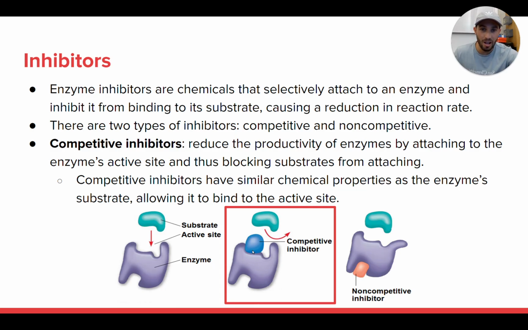That's this blue blob, and it's binding to the active site of this enzyme, physically blocking the substrate from binding. So this is definitely going to inhibit and stop this enzyme from working because it's binding to the active site, preventing it from binding to the actual substrate. And so we call this a competitive inhibitor.